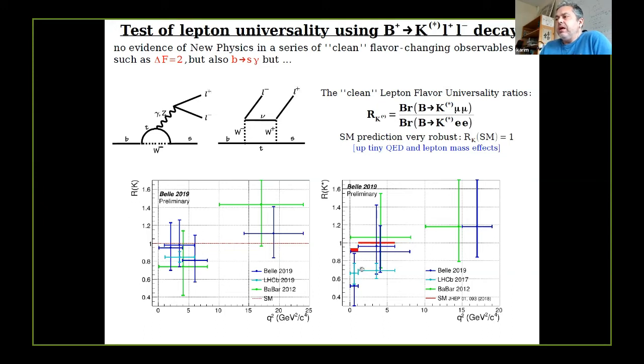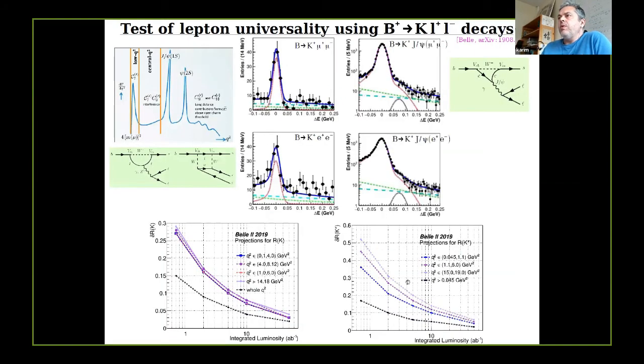And you see this 2.5 sigma deviation in both cases. While for Belle, the most recent result, you see that uncertainties are much larger, and you will need much more statistics. So this brings me to the projection.